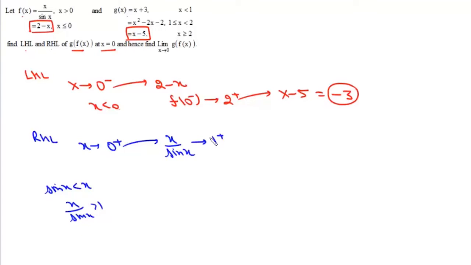And if it is greater than 1, then it will go to this definition, which is x square minus 2x minus 2. Now if we put x as 1, it will be 1 minus 4, which again is minus 3. Since both left hand limit and right hand limit exist and they are same, value of this limit is minus 3.